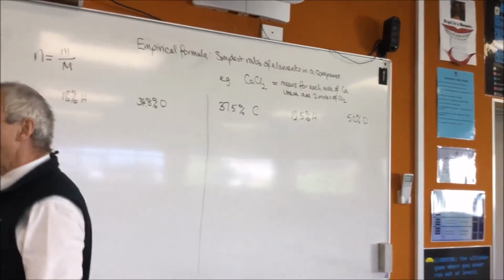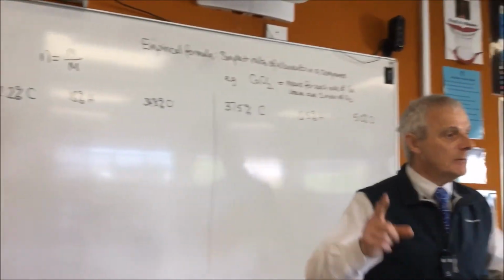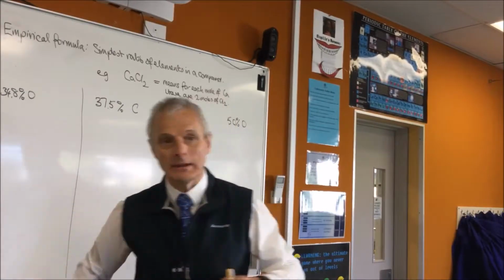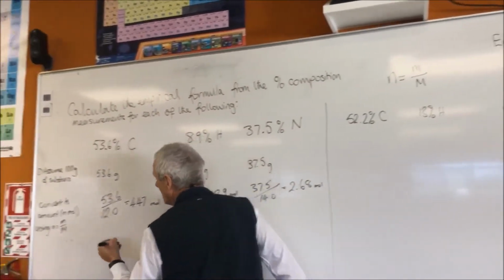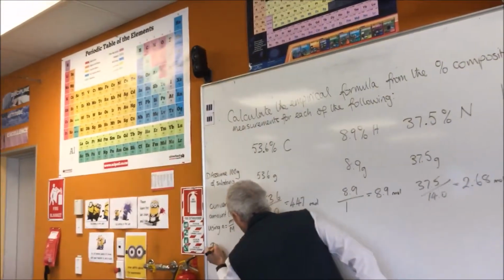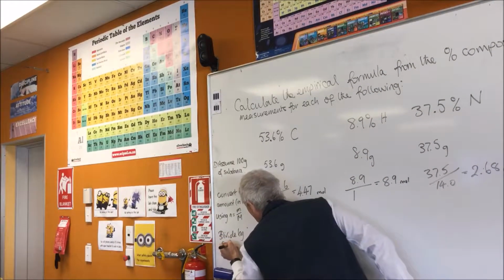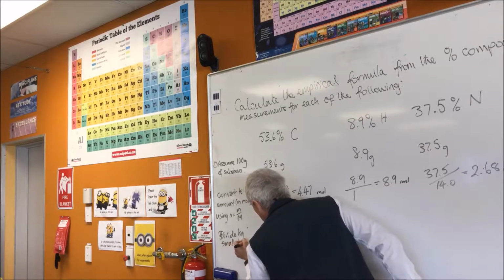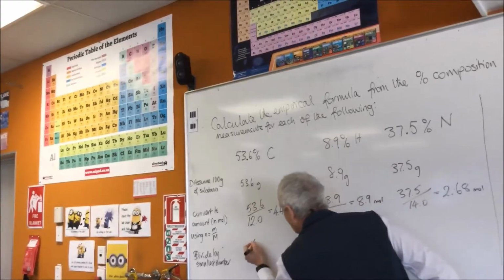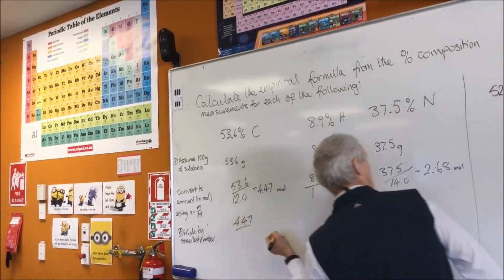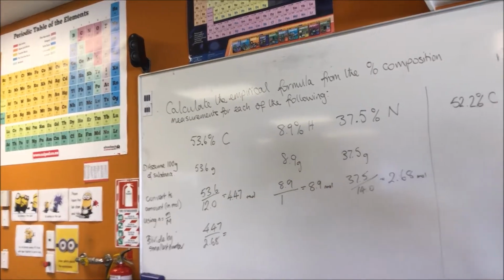Yeah, so if we divide by the smallest number, it means that one of the elements at least is going to be 1 to something, yeah? So the smallest number is 2.59, so divide by smallest number. So if we divide 4.47 divided by 2.59, what does that give me?